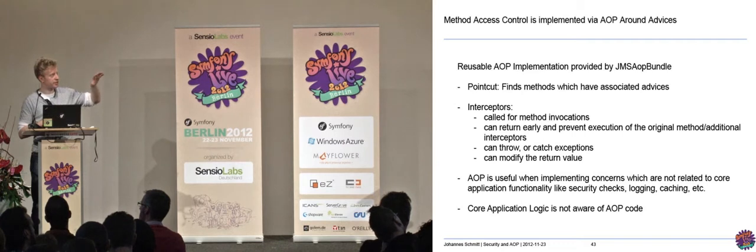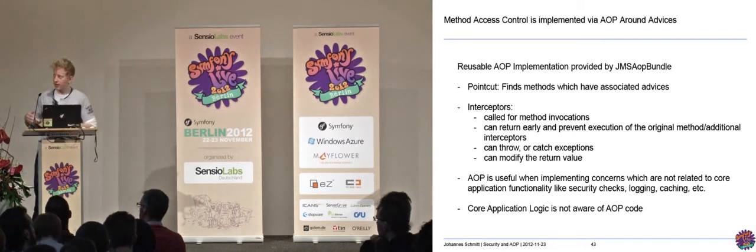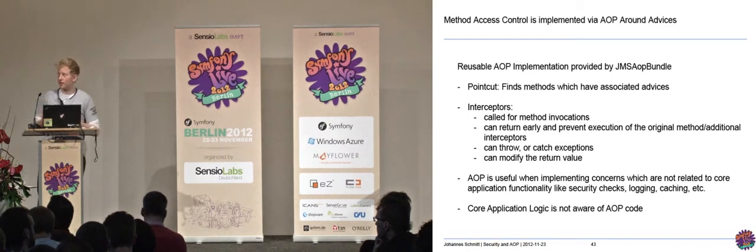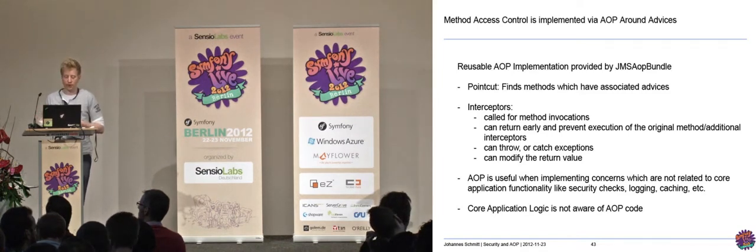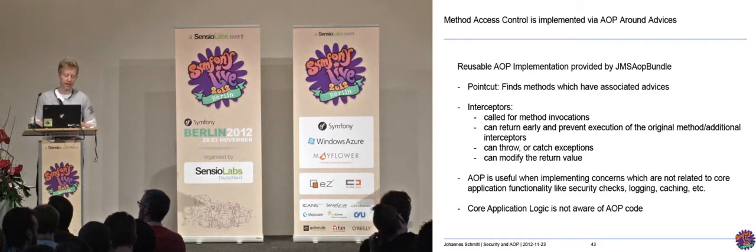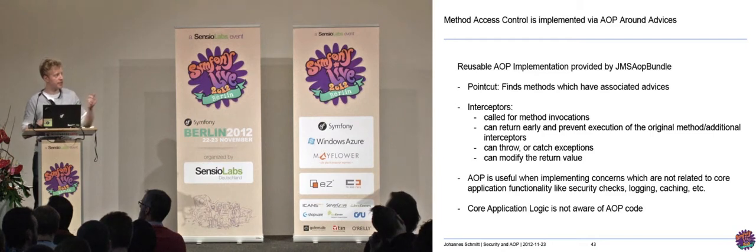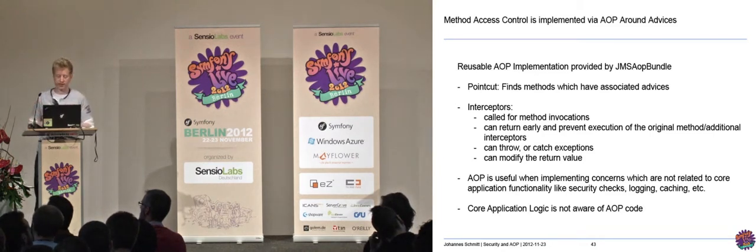It's a bit terminology loaded, the language. So you have point cuts in AOP, which basically just means that you find out which methods you want to create interceptors for. And one interceptor that the security bundle uses is the interceptor for method invocations, which basically checks the pre-authorized expression.